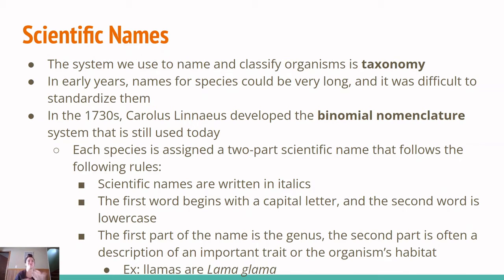If you know Latin roots and things like that, it should make somewhat sense. So an example of a scientific name in binomial nomenclature for llamas, you can see at the bottom there, is Llama glama. So again, this is all italicized, Llama is capitalized, glama is not. This would be the genus, they're part of the genus Llama, and then the species for that would be glama. Okay, so that is our scientific names.